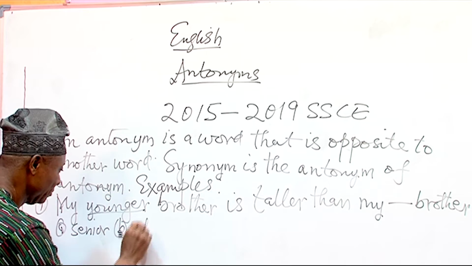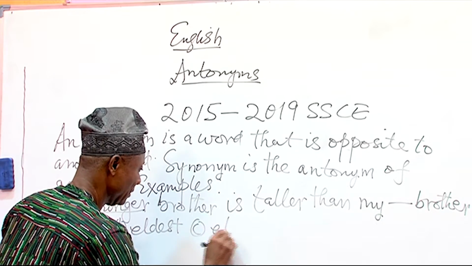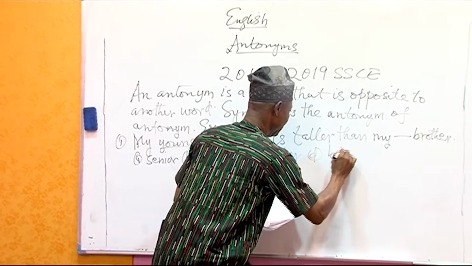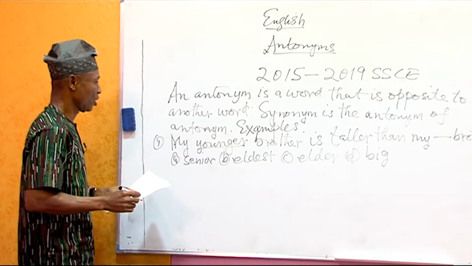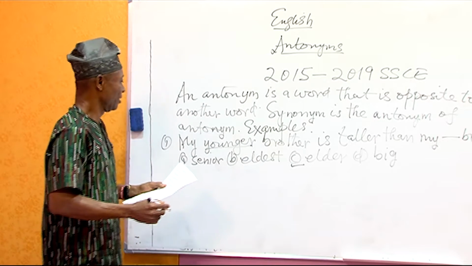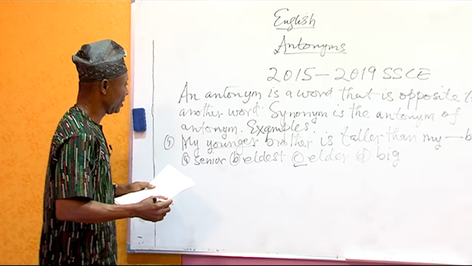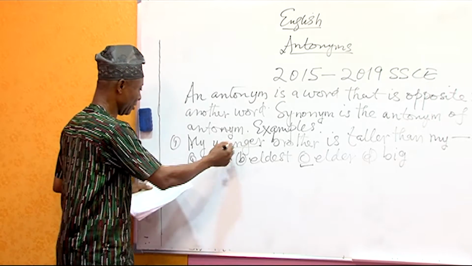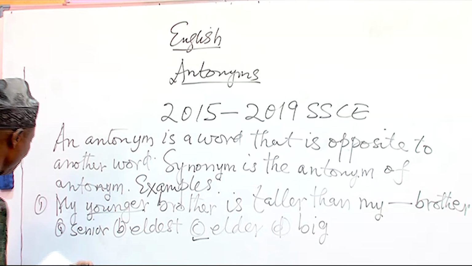B, eldest. C, elder. D, big. The appropriate answer to this question will be option C. Why are we saying this? We are talking of biological relationship. So in that case, elder is going to be the opposite of younger, and not senior, eldest, or big.